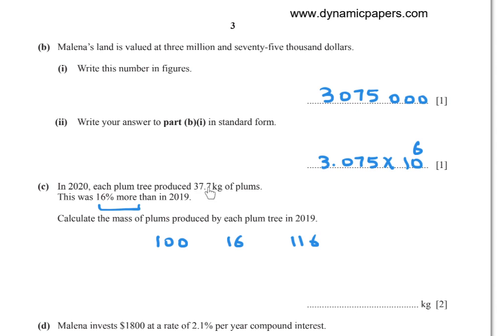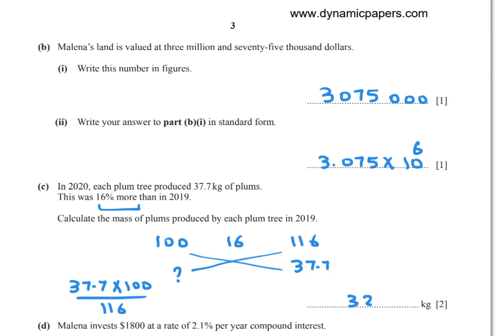This number is 16% more, so 37.7 corresponds to 116, this is in 2020. Now we need to find the number in 2019, so cross multiply. So 37.7 times 100 divided by 116 equals 32.5.